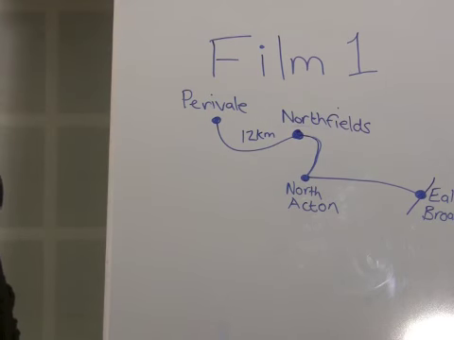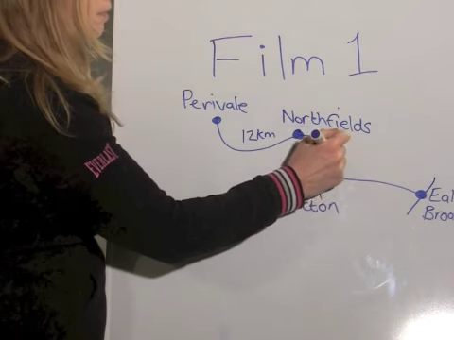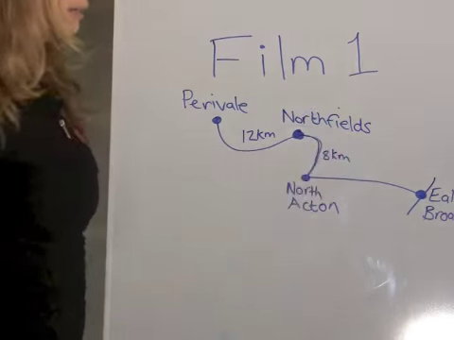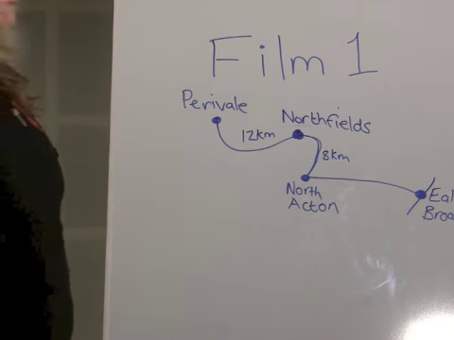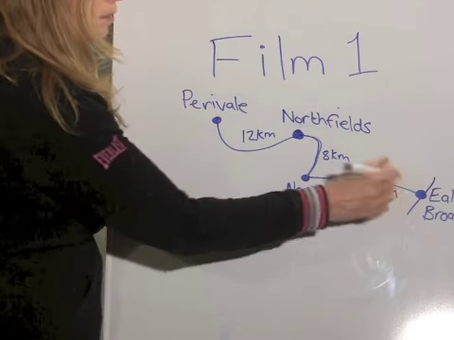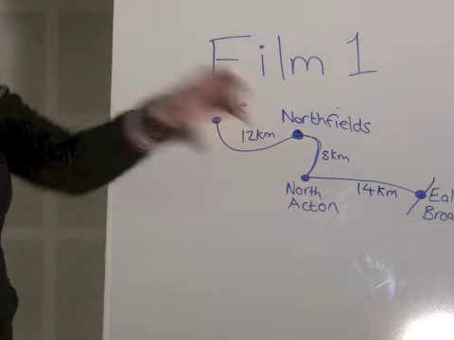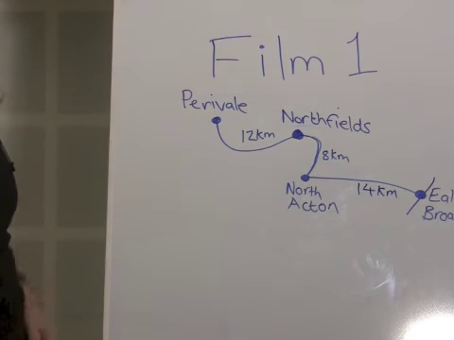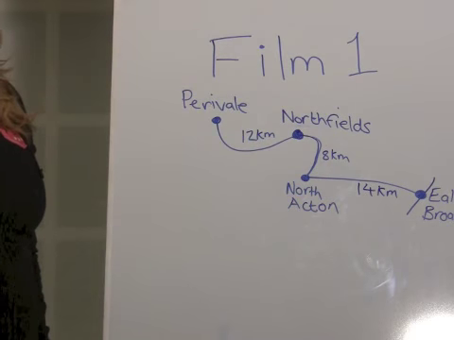It is 8 kilometres from Northfields to North Acton, so let's write it in. And it is 14 kilometres from North Acton to Ealing Broadway. So just because there were no distances on doesn't make this question any harder. I've just written the distances on as I'm reading the instructions.